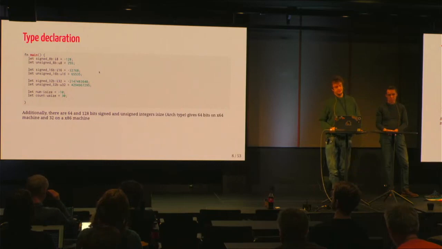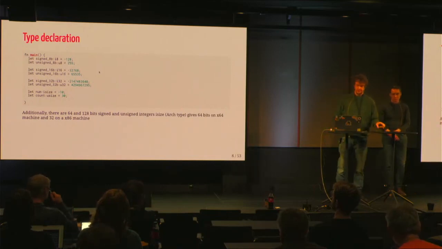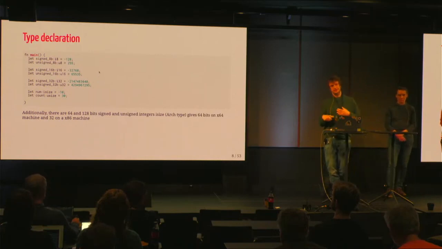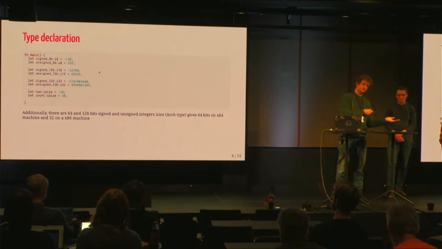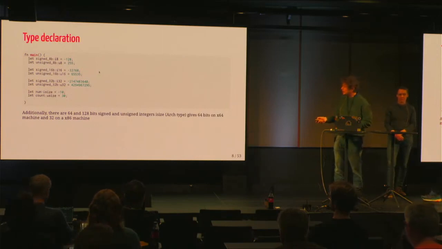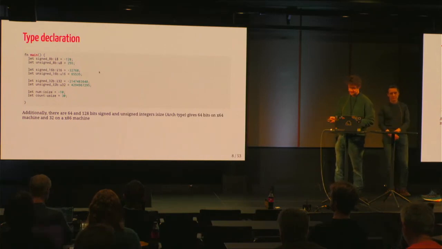And there's also a special type in Rust which gives you as many bits as your machine architecture. So on a 64-bit operating system you will get 64 bits, and on a 32-bit operating system, you will get 32. This is the isize or usize type.